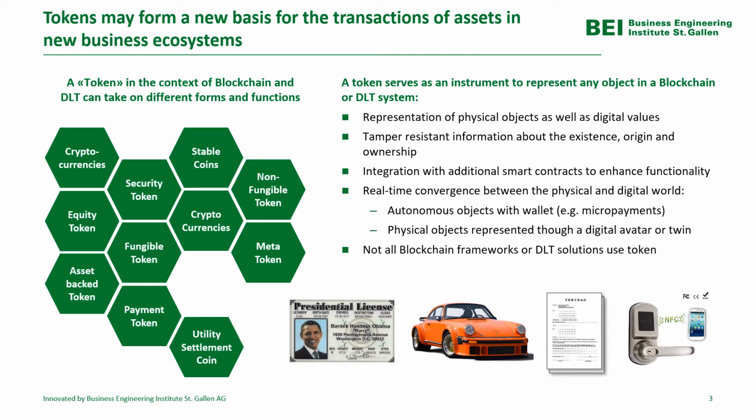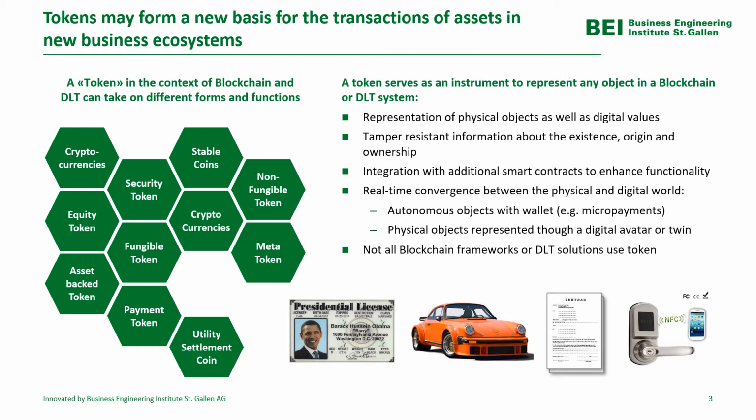And what we can do here, of course, is represent a physical object as well as digital objects such as licenses or music files through a token. The important thing is that the transactions are stored tamper resistant on a database, and we can also enhance the functionality of a token through additional smart contracts.